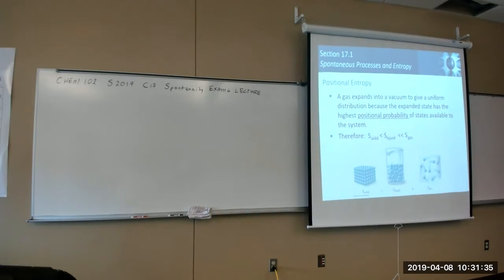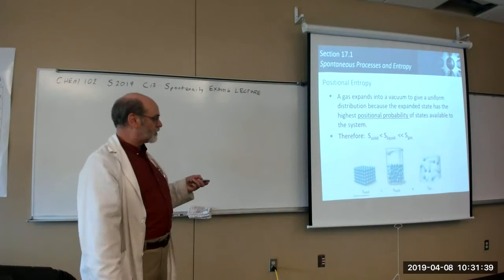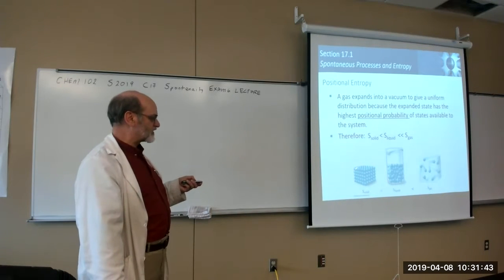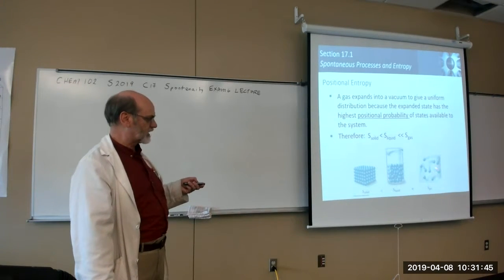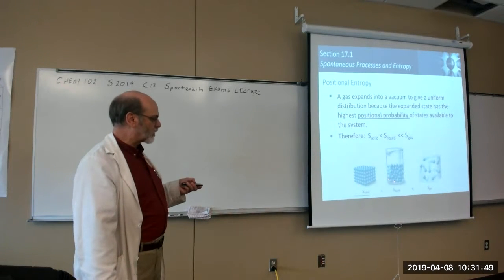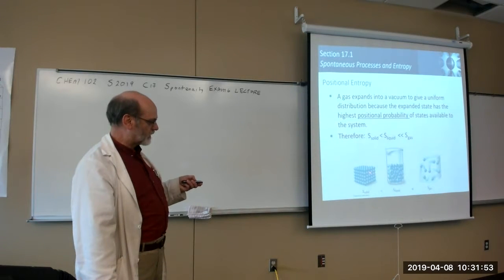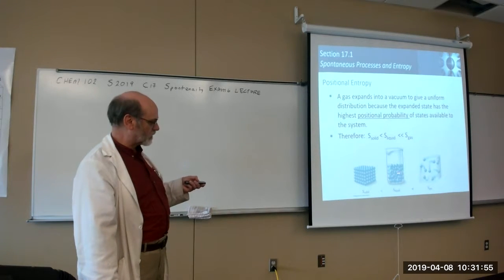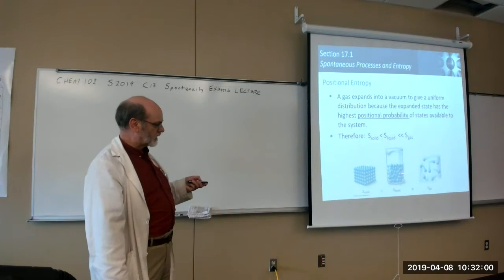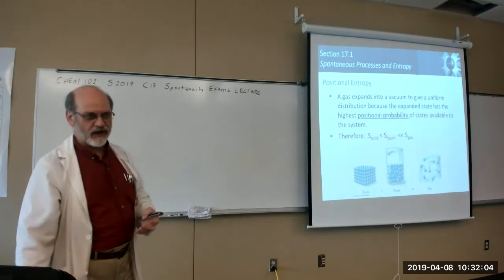If we use that reasoning, then as a substance changes state from solid to liquid to gas, the number of microstates is greater for the liquid than the solid, and greater for the gas than the liquid. So the entropy is increasing from left to right here. That's fairly easy to grasp, I think.